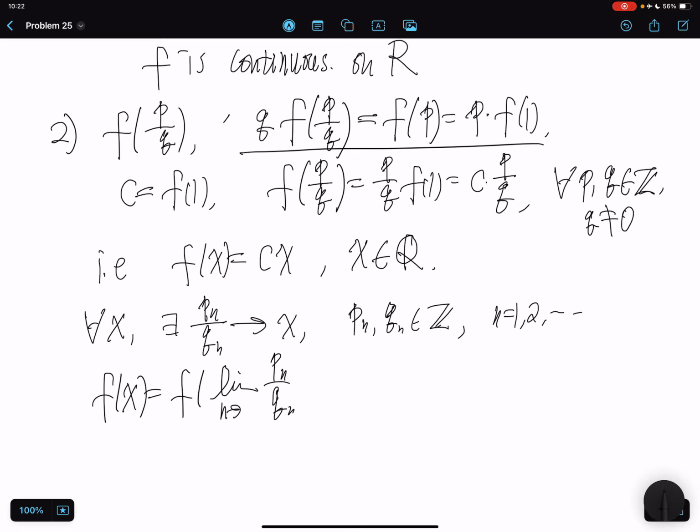Because of continuity, we can swap the limit and f.